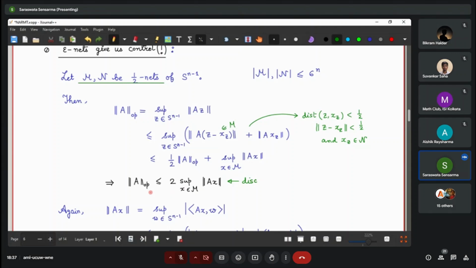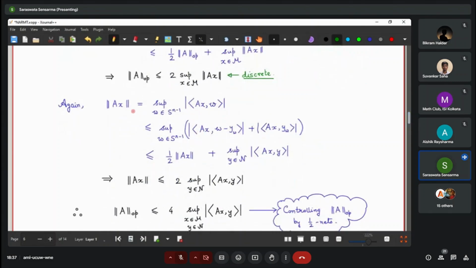There we were taking a supremum over all points. Here we are just taking a supremum over points in M, and that does not give us much of an error. In fact, it gives us a bound up to this factor of 2. So that's great, and we can repeat the argument again for this norm of Ax, and that would give us a bound in a similar vein. Again we look at this w.